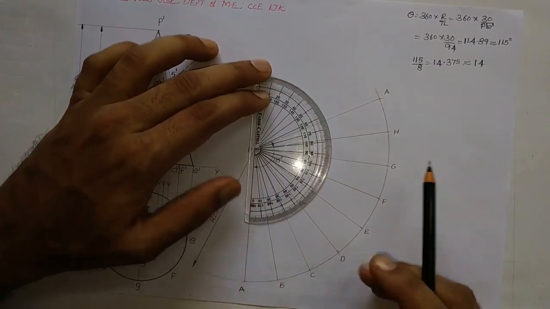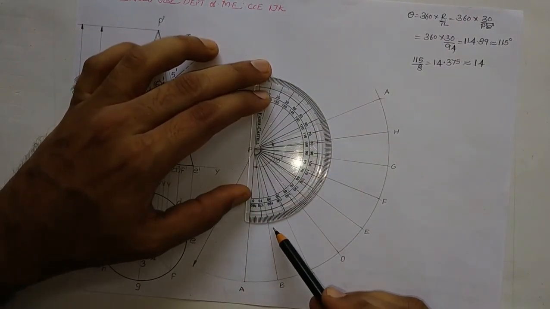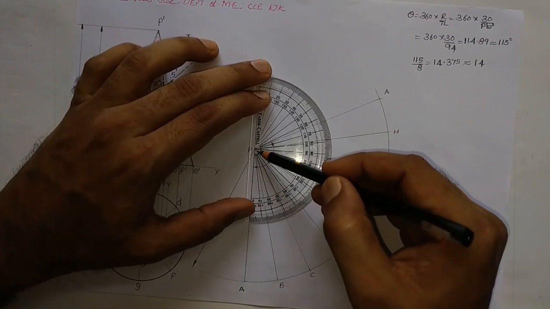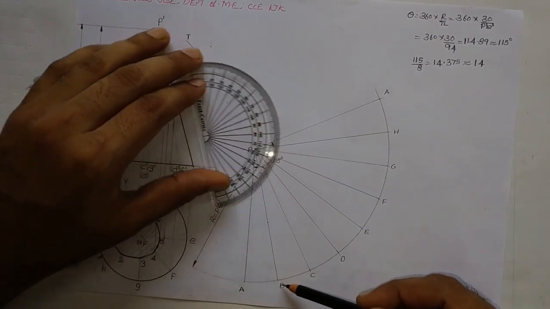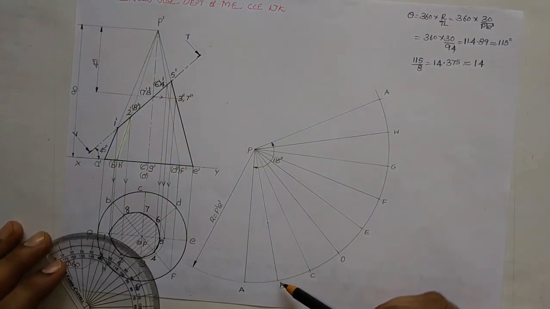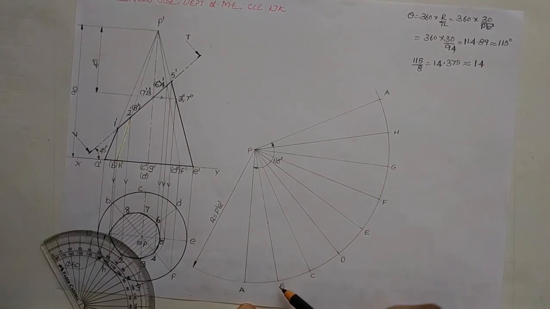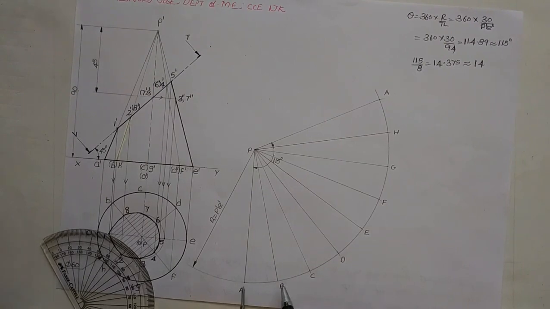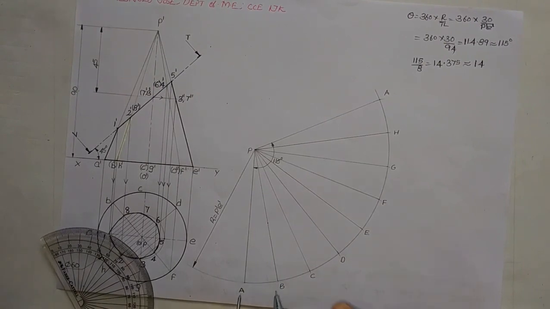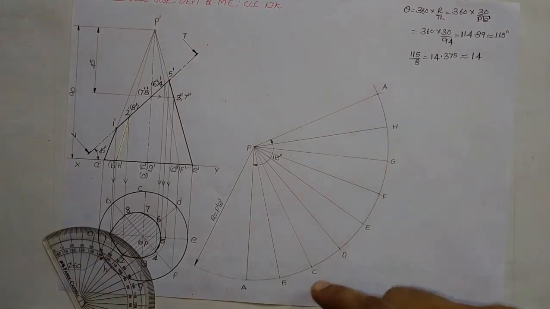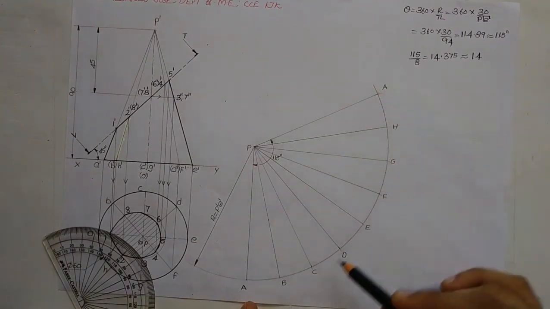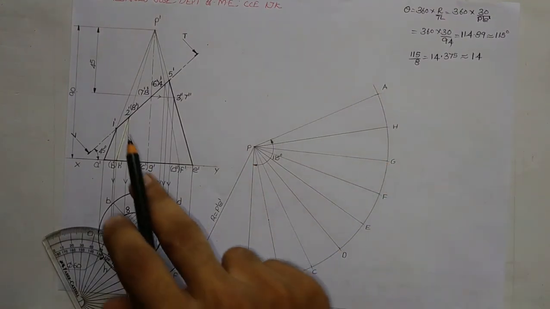So this angle is 14 degree, and with an angle of 14 degree I have drawn a small generator here which is up to B. So after drawing this point B, I have taken this measurement B, that is AB in the compass, and simultaneously I have cut 7 more arcs along this big arc in order to get the complete development of the corresponding solid.